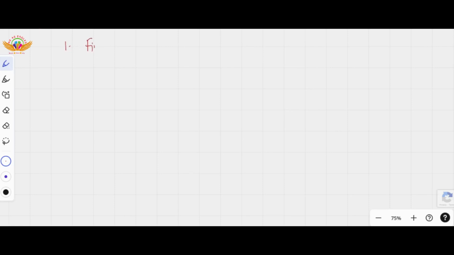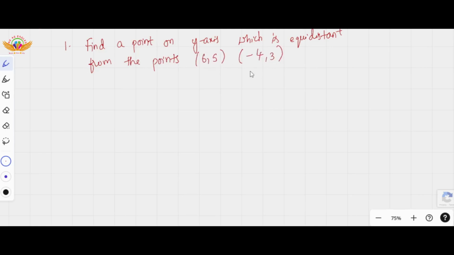They might ask you: find a point on the y-axis which is equidistant from the points (6, 5) and (-4, 3). This is a question. The same question they will ask you for the x-axis.